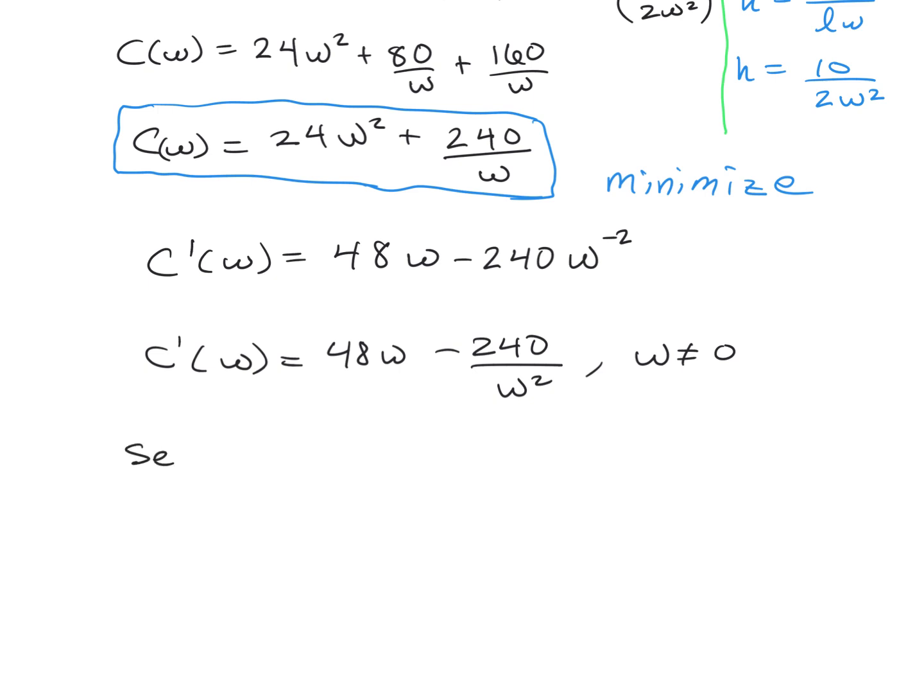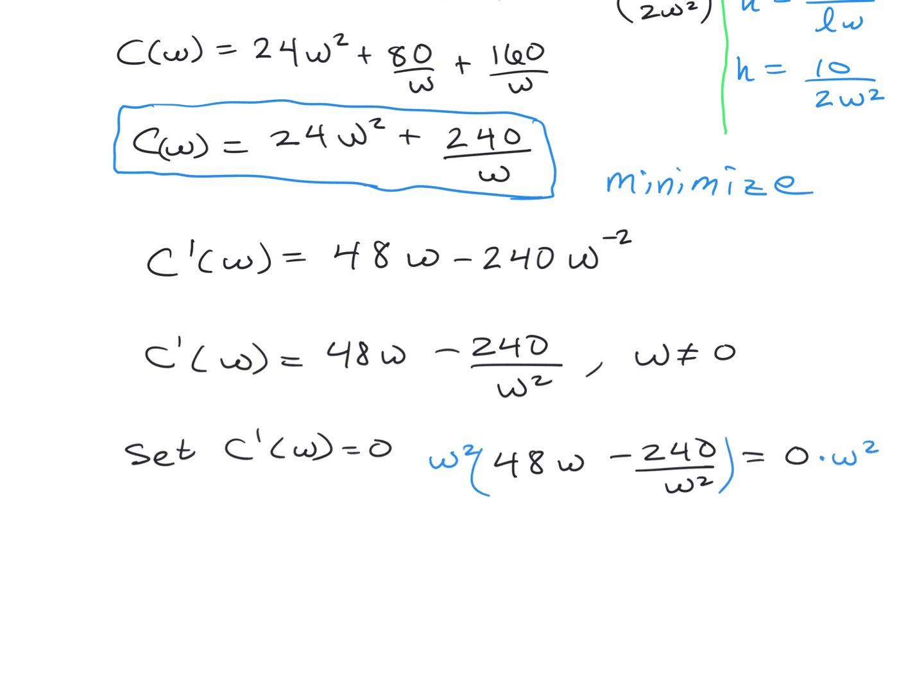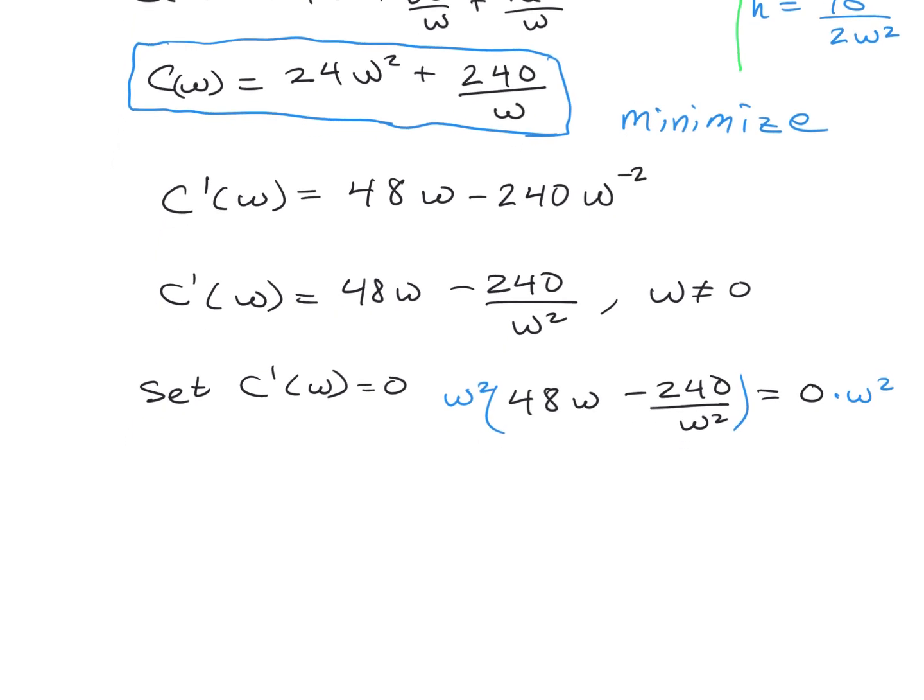So now we're going to set this derivative equal to 0. It's going to be 48W minus 240 over W squared equals 0. Because it's a rational equation, we multiply by the LCD, which is W squared, on both sides. It's going to give us 48 times W cubed minus 240 is equal to 0.